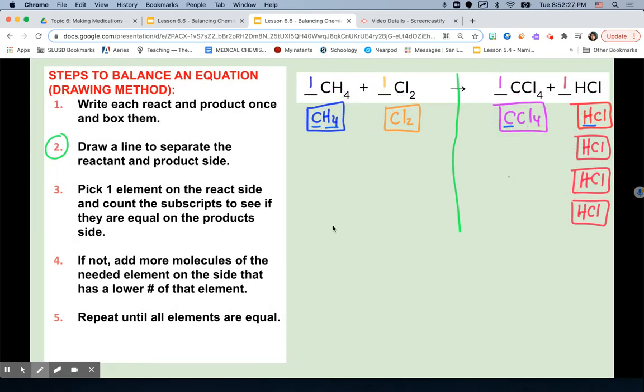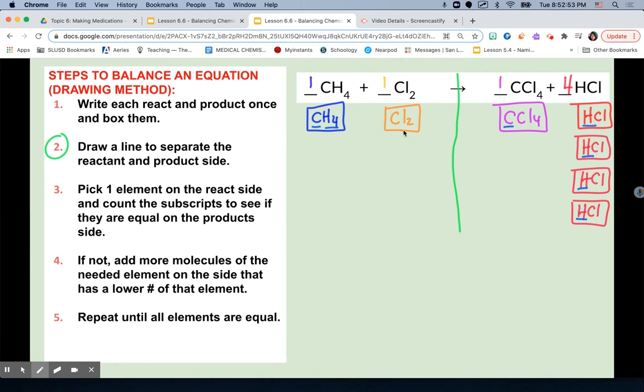If I count how many H's I have on the product side now, I have 1, 2, 3, 4, so therefore I have a total of 4 HCl's. So I checked my C's, they match. I checked my H's. I have 4 on this side and 4 on this side now.